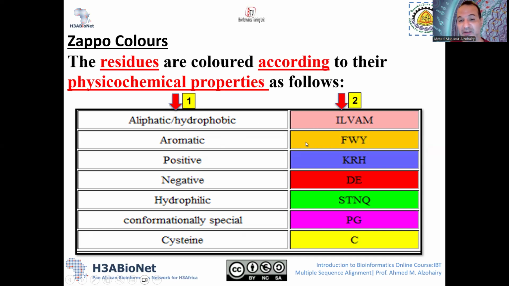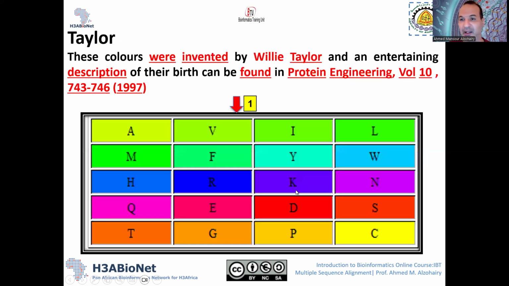If it's aromatic, like FWY, it will be this color. If it's positive, it will have this blue color. If it's negative, like D and E amino acids, it will be colored red. So each group has unique physical and chemical properties, so it will also have its unique color, as you can see from this table. And this is a very easy one.